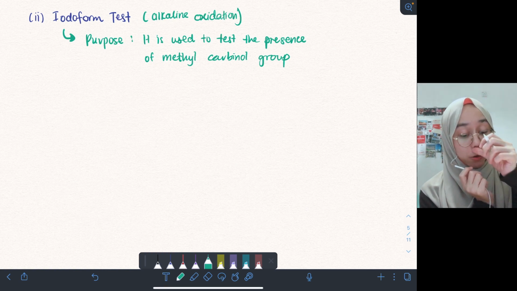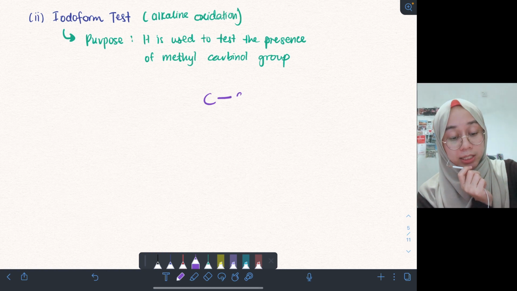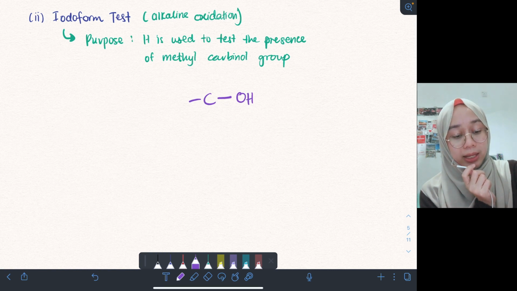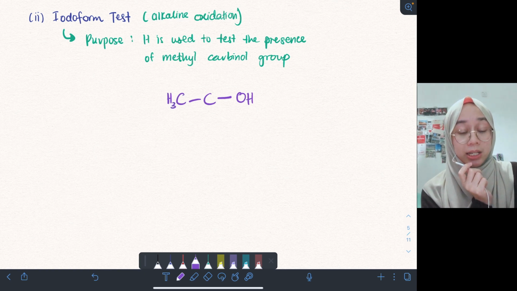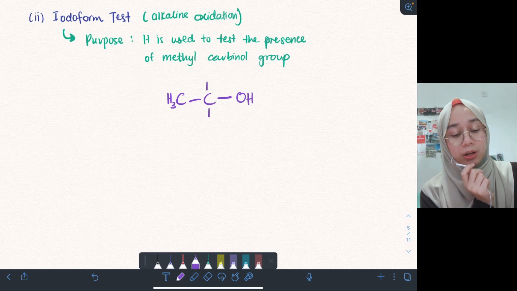So carbinol, obviously we need carbon yang ada OH dengan dia. Okay, and then ada methyl juga, bermaksud carbon ni kena ada methyl dengan dia. Okay, so methyl bermaksud specifically CH3 lah. Okay, specifically CH3. And then apa lagi yang ada dekat kita punya carbinol carbon ni, dia perlukan satu hydrogen.